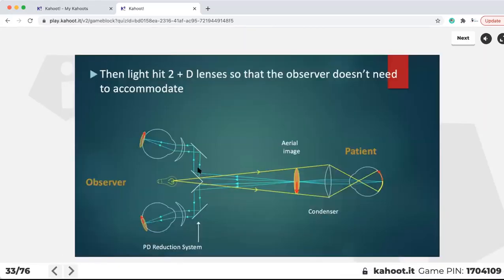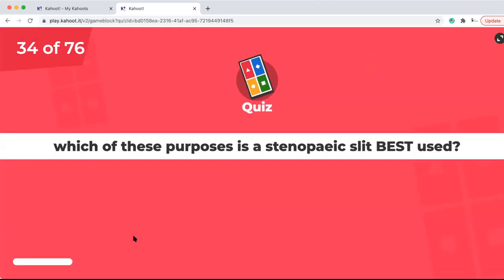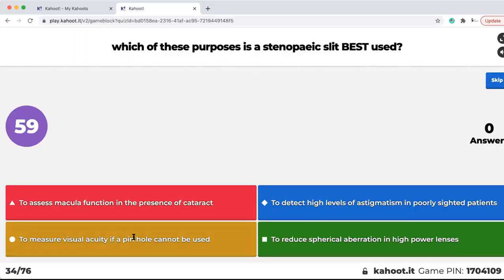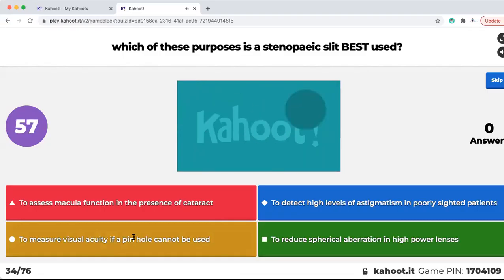As you can see here, the light coming from the condensing lens hits the mirrors on both sides, then strikes the right-angled prism and undergoes total internal reflection to enter through the plus lenses, which are used to relieve accommodation. In my opinion, yes, I guess that both A and D are true. I don't find a reason why anyone would be wrong. As I searched many resources, yes, both are true.